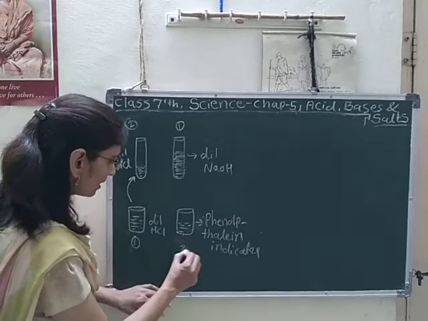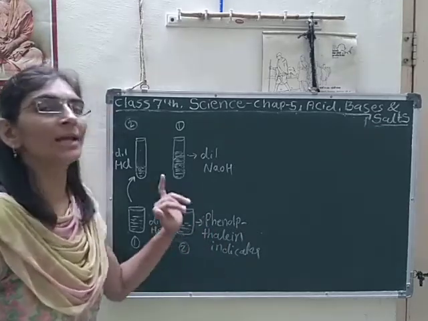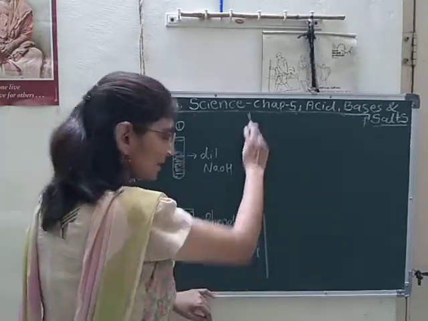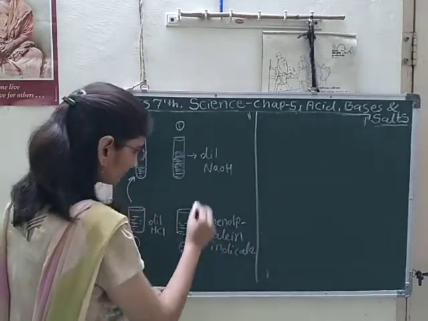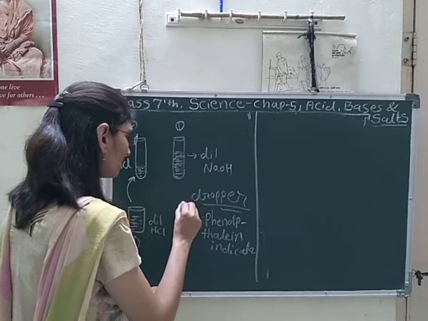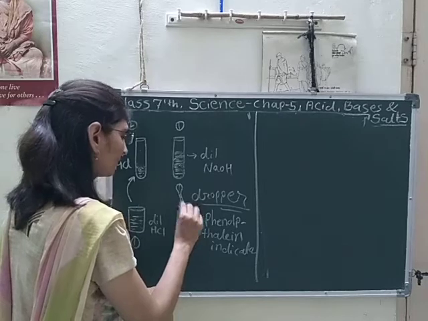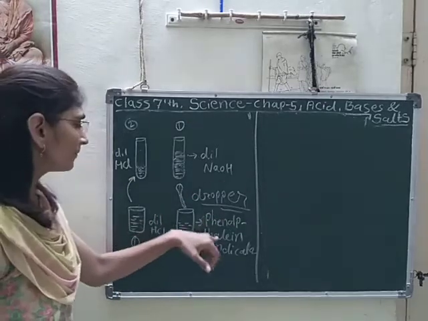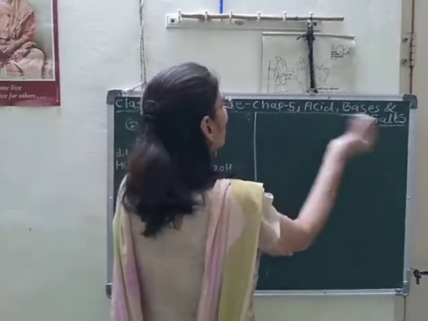And beaker number 2 is filled with phenolphthalein indicator. And I will take one dropper, which I will use for taking the phenolphthalein indicator. Next, here I will write down the observation.